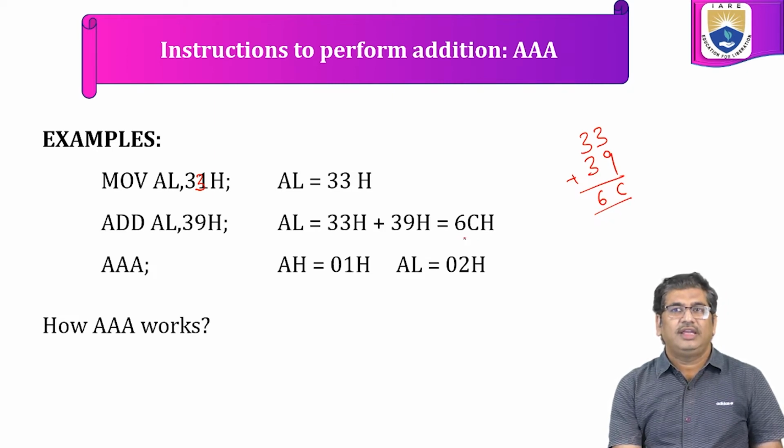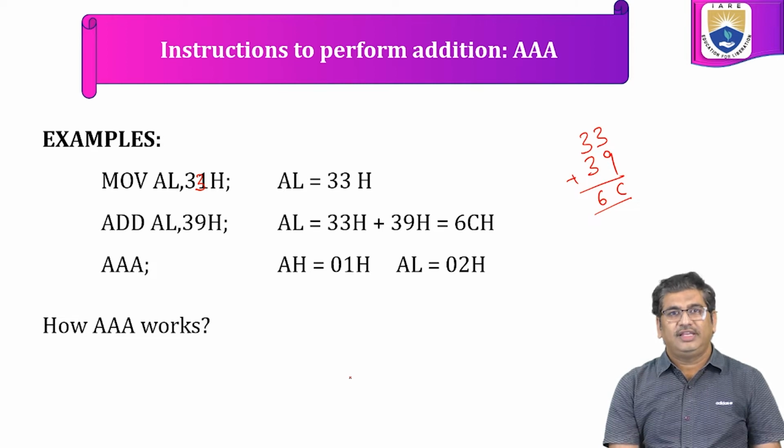Whatever the AL register contents are, this will be converted into unpacked BCD, a valid format. That is called ASCII Adjust after Addition. After executing the AAA instruction, the AL contents will be equivalent to 02H and the AH contents equivalent to 01H.